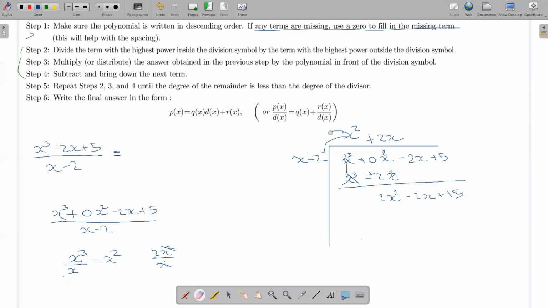Now this x minus 2 I multiply by this 2x. Okay, so 2x times x minus 2, I get a 2x squared minus 4x, no?